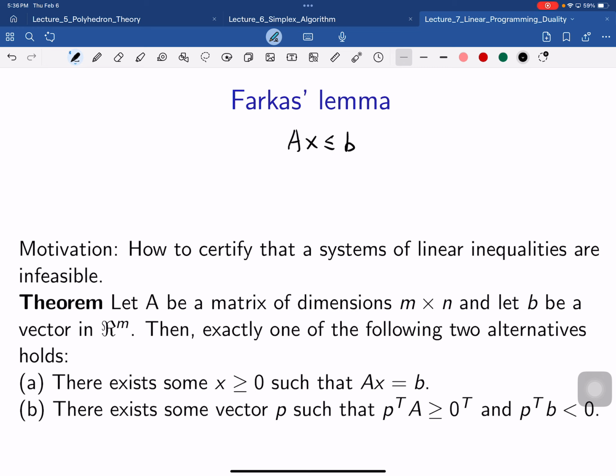Now, I ask you the following question: how do you certify this system of linear inequalities describes an infeasible set? So there doesn't exist any solution that satisfies all the linear inequalities in this set.